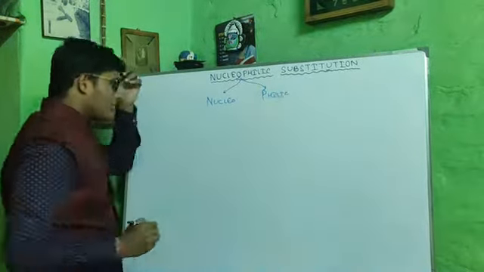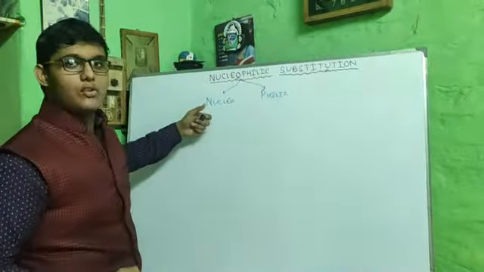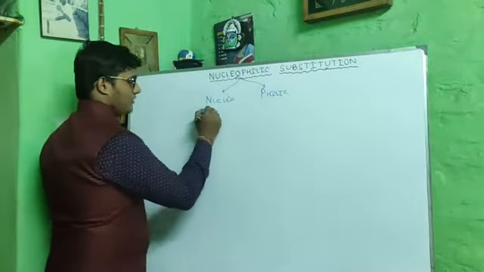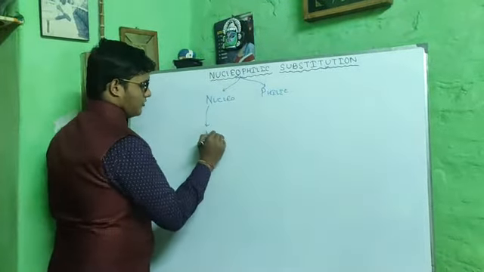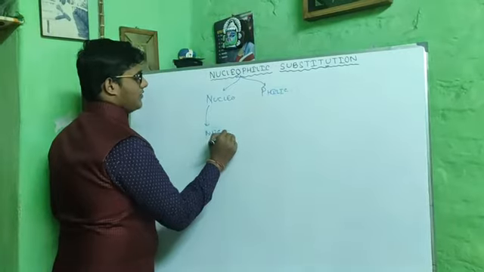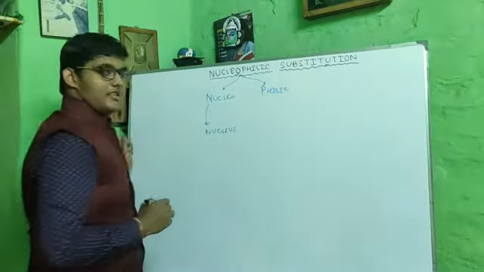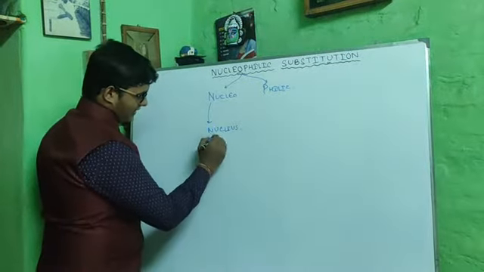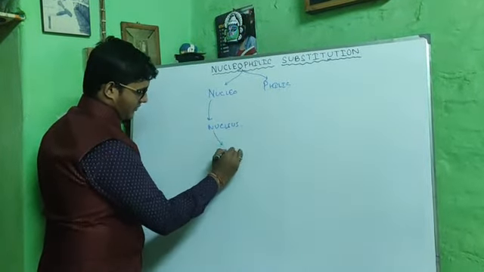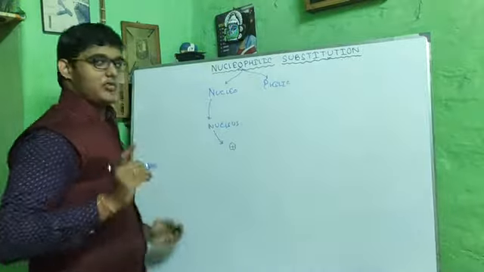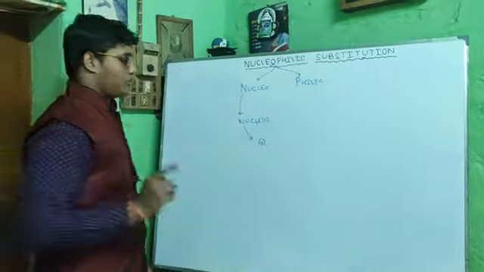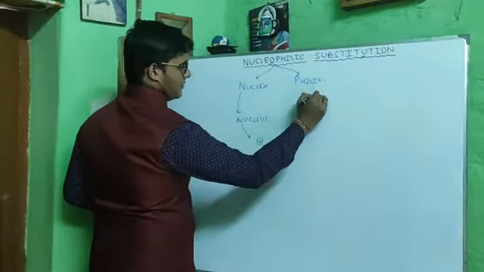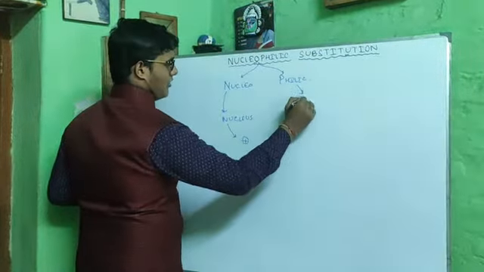Here, nucleo stands for the nucleus. Nucleus is the positively charged center of any atom, as the nucleus is always positive due to the presence of protons, and philic means affinity or attraction.